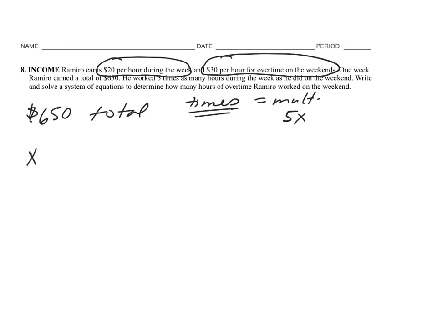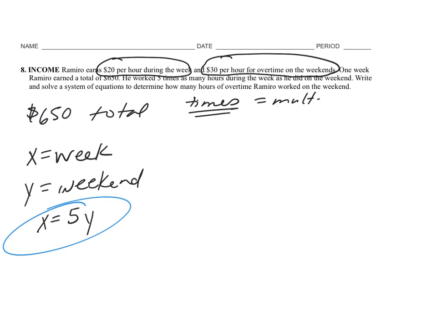Right, so since they mentioned week first, we're just going to say that's X, and the weekend is Y. So if he earned 5 times as many hours during the week as he did on the weekend, so 5y.